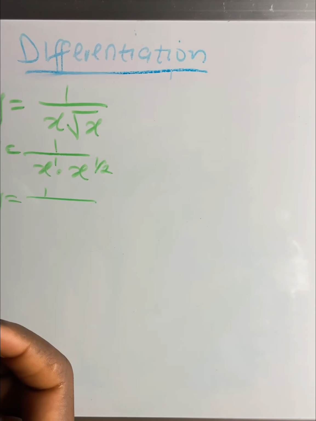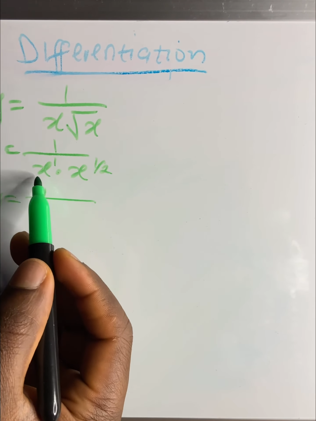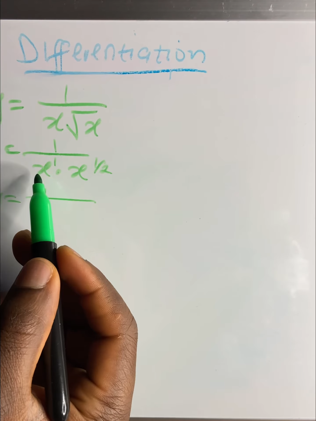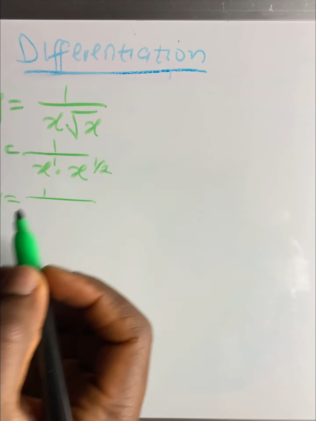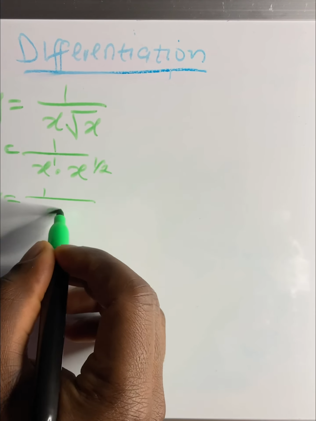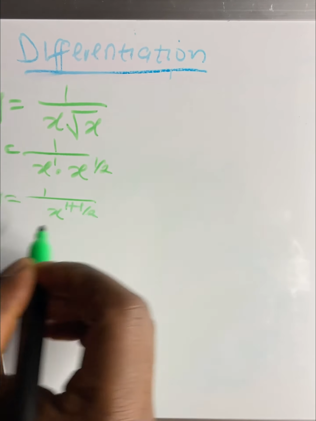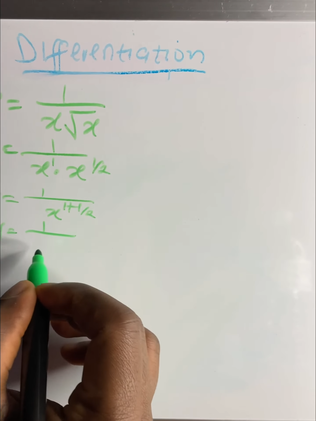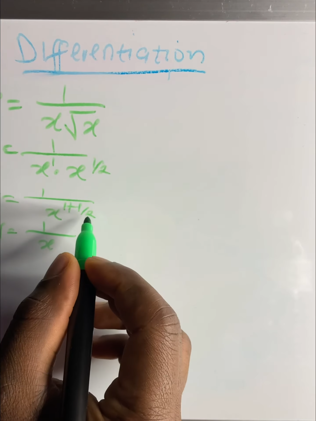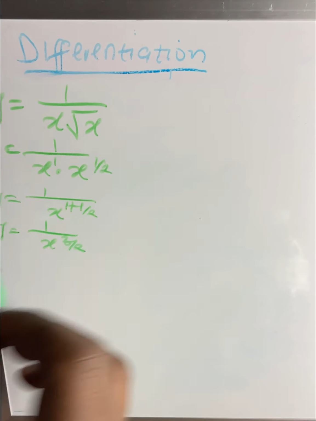In our laws of indices, if we have the same base, we can take one base and add up the powers, 1 plus half. So our y is equal to 1 over x to the power of 1 plus half, which is 3 over 2.